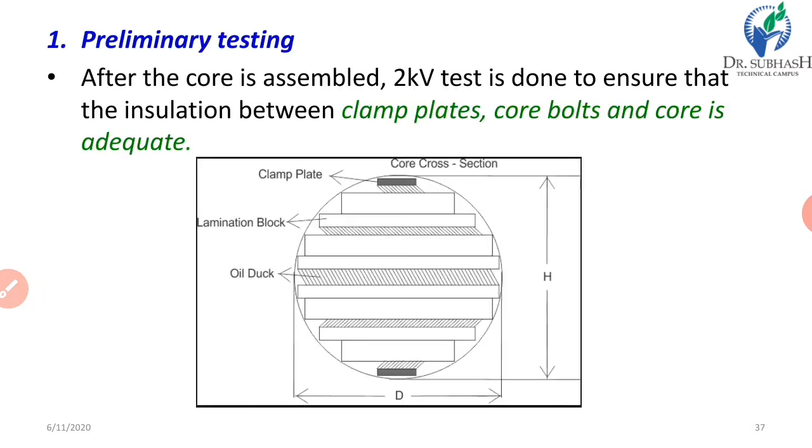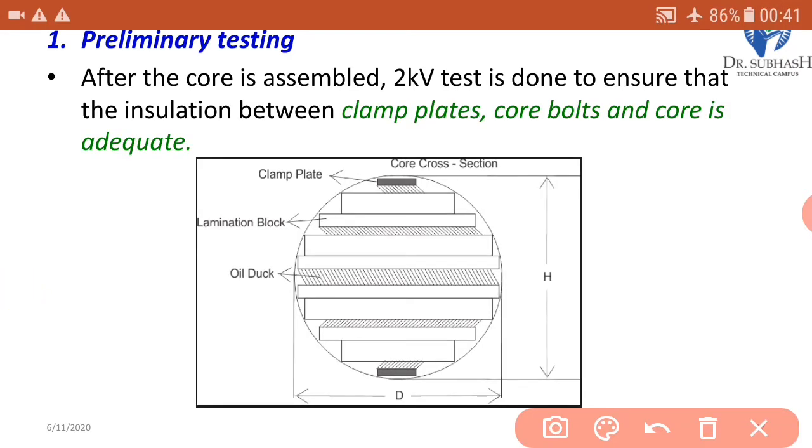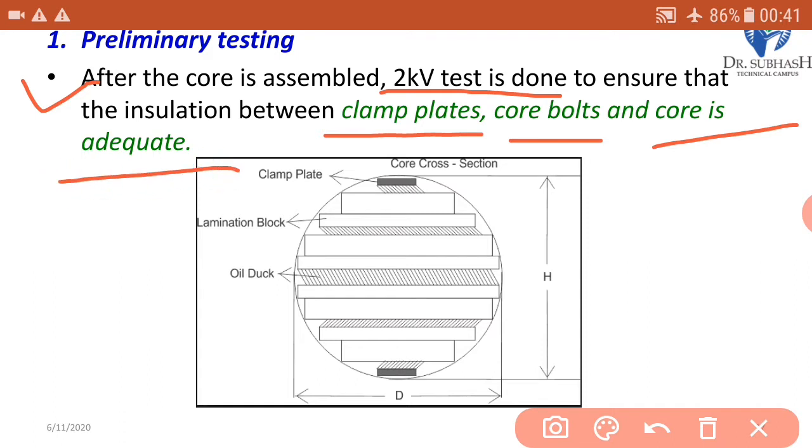First is preliminary testing. After the core is assembled, a 2 kV test is done to ensure that the insulation between clamp plates, core bolts and core is adequate. So this is the preliminary testing, and here the figure is given.